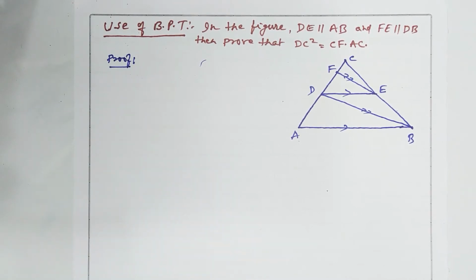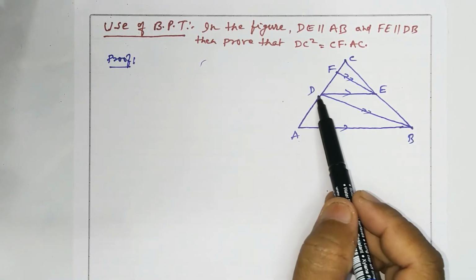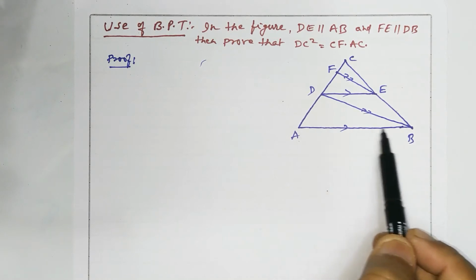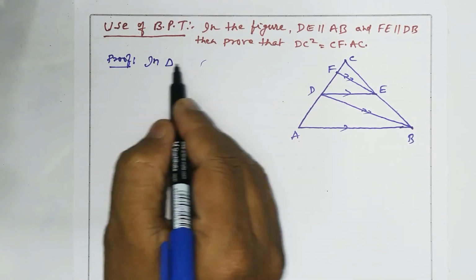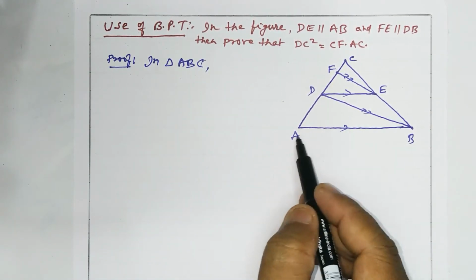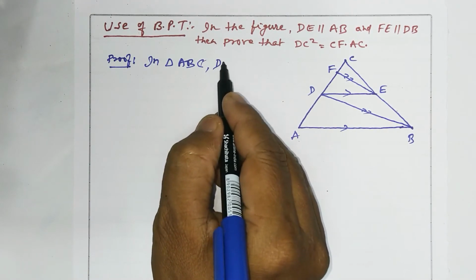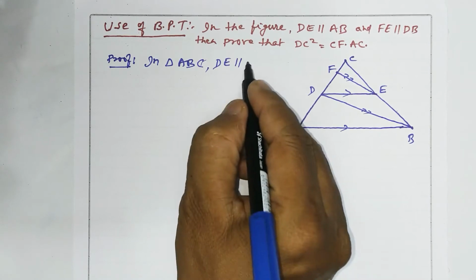First we consider triangle ABC, in which DE is parallel to AB.